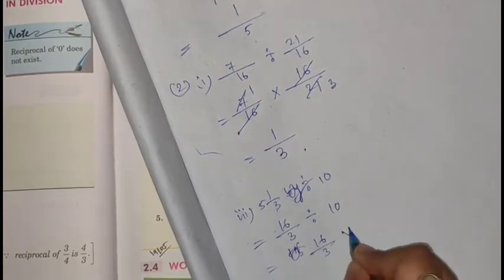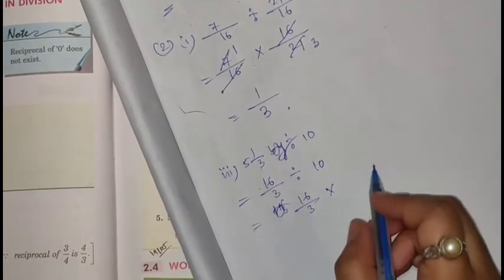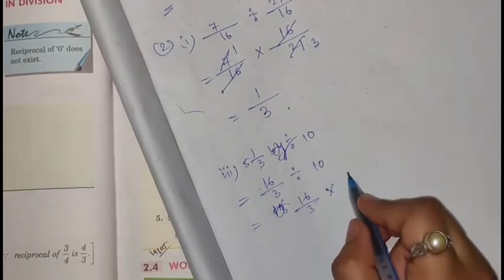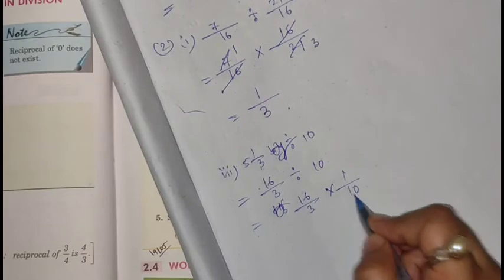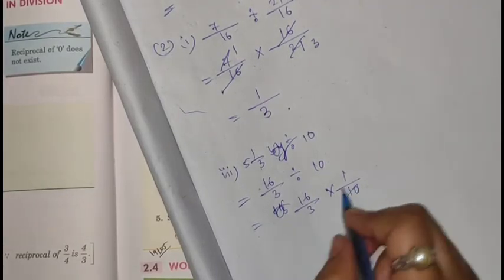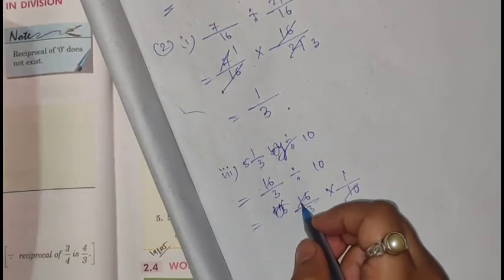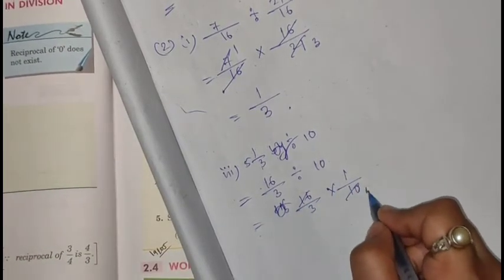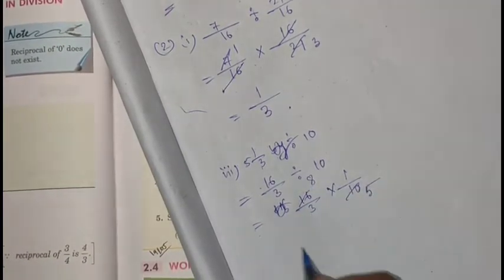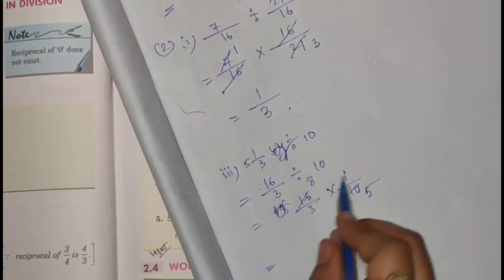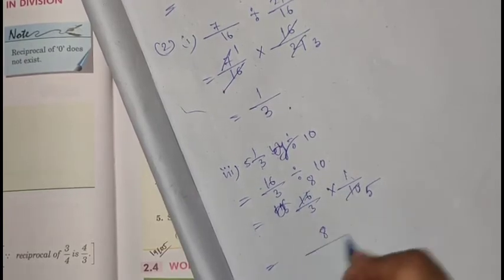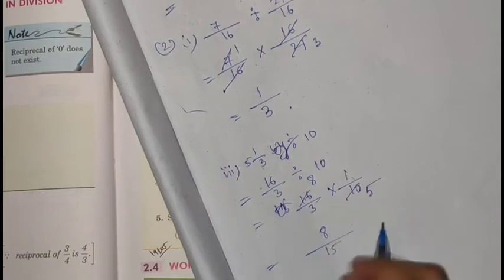Division changes to multiplication, and what is the reciprocal of 10? 1 by 10. So আমরা এখানে ক্যান্সেলেশন মেথড অ্যাপ্লাই করব। 2 5s are 10, 2 8s are 16. So 8 1s are 8, 3 5s are 15. So this will be the answer. Okay.